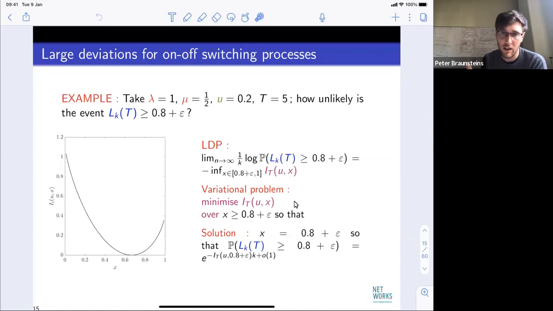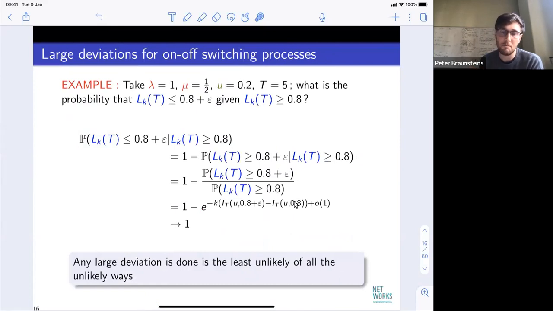That's in this example, but also in general. If you use large deviations to find the probability of a particular event, you get how quickly that rare event's probability decays, but you also get how it happens. Those two things are tied together by the large deviations.